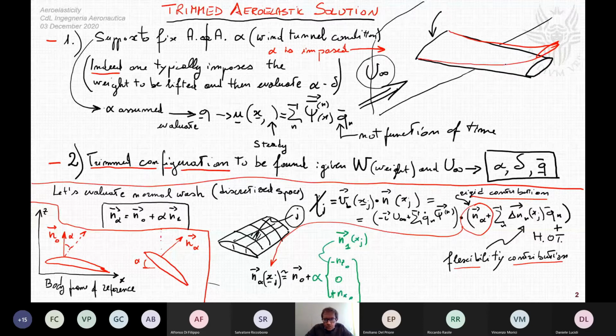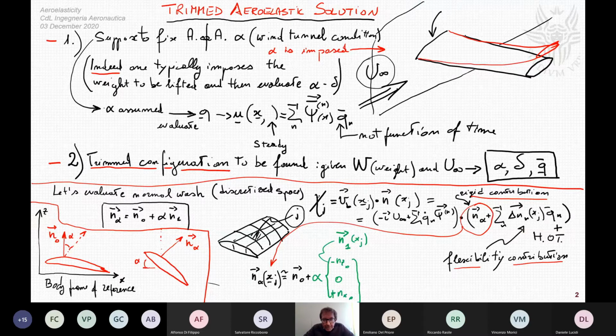This was useful to see that this kind of problem, if linearized, is just an algebraic problem. It is a linear algebraic problem.